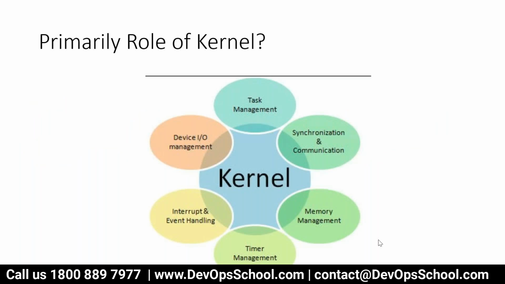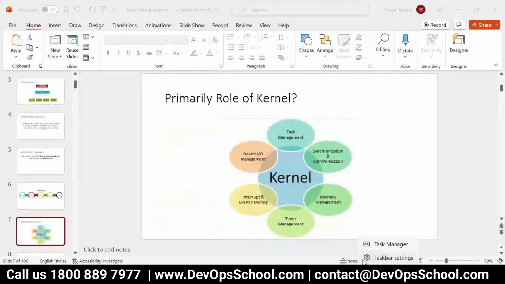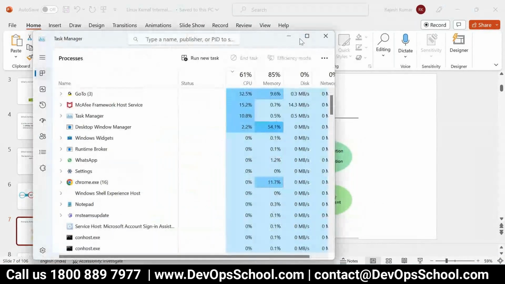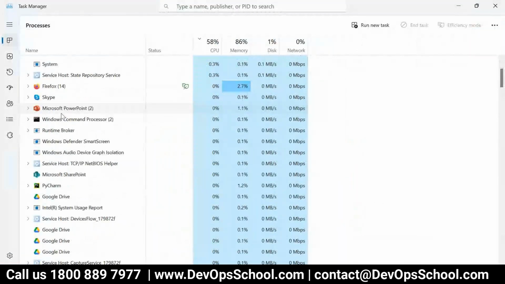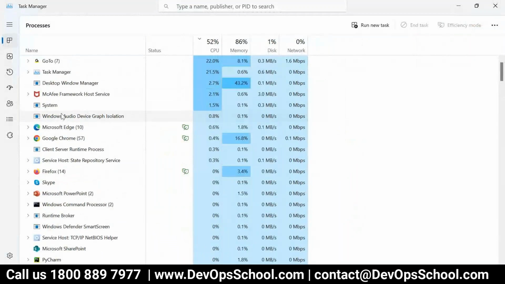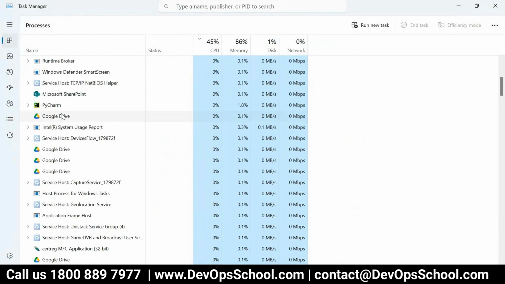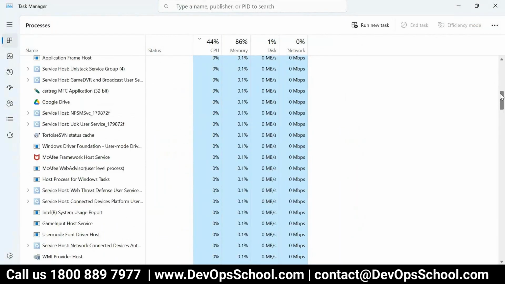So what is the primary role of kernel? So primary role of kernel is managing tasks. Task management means, look at this here. These are the tasks here you have. So you're comfortable with this one, right? All of you. Yep.